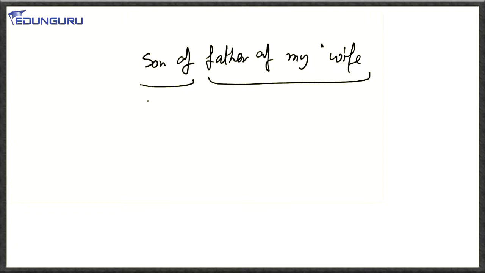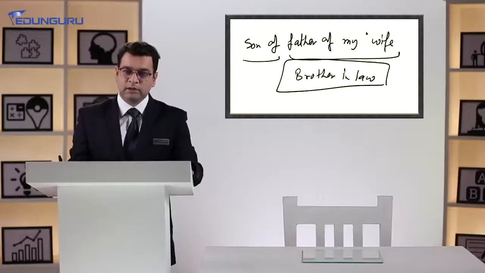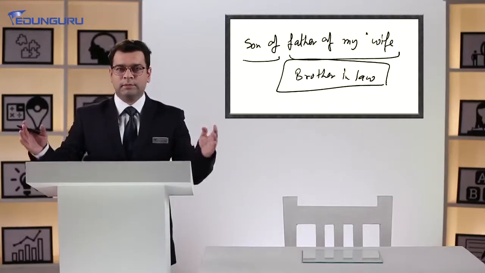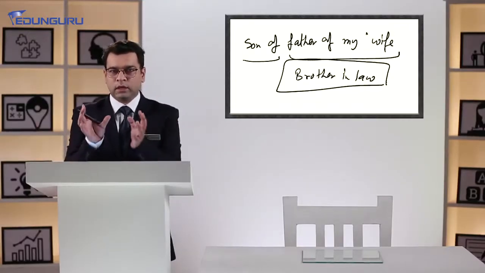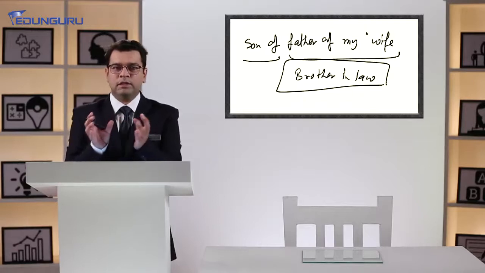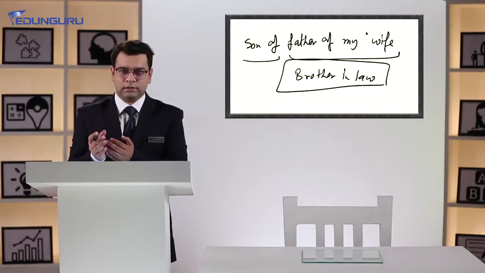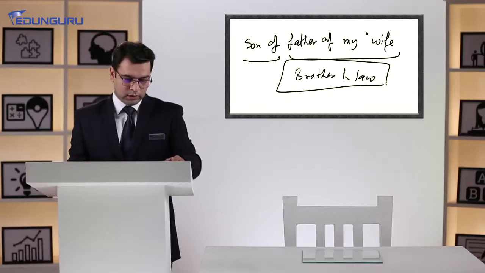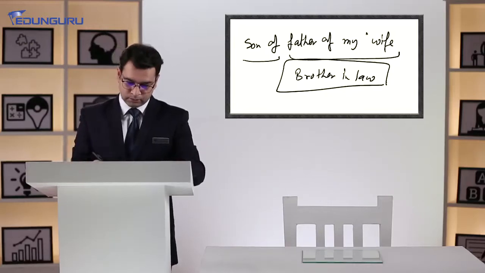So simply we can say that Kapil is brother-in-law of the man in the photograph. Okay, the answer is brother-in-law. Sometimes you may have longer statements. So if you club the smaller parts, it will be easier to identify what is the relation.